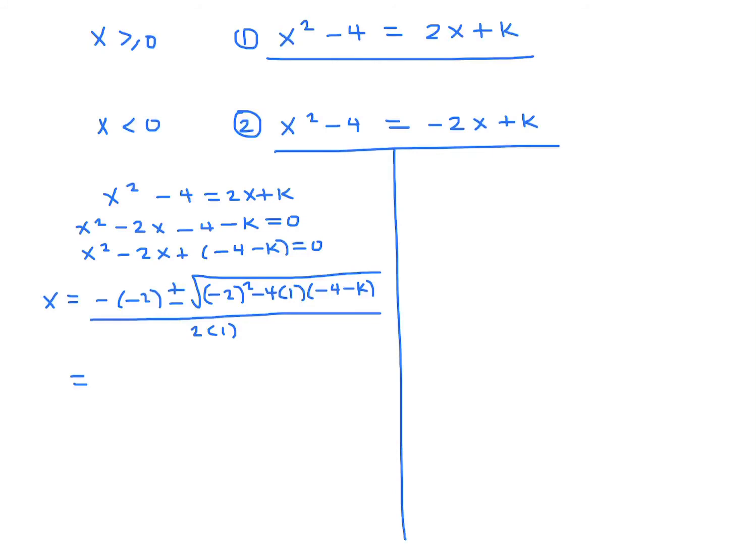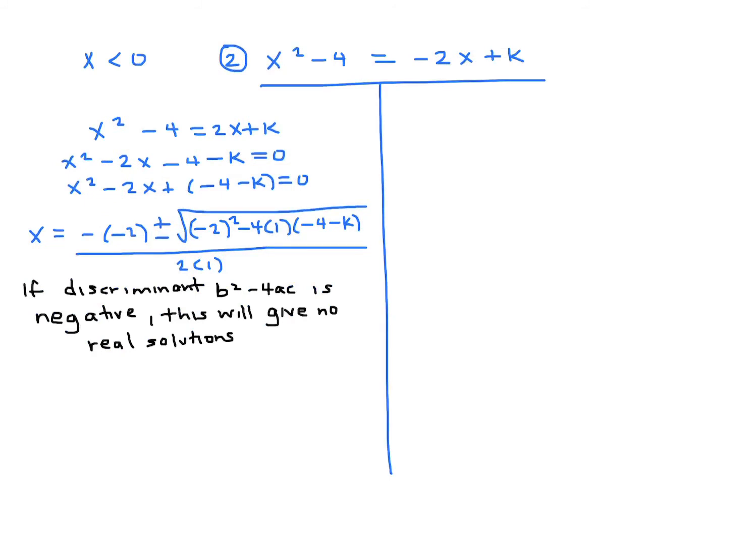So I'll write that in a sentence form. If the discriminant b squared minus 4ac is negative, this will give no real solutions. So set this equal to less than 0. So what we have here, we have 4 minus 4 times minus 4 is plus 16, and minus 4 times minus k is plus 4k.